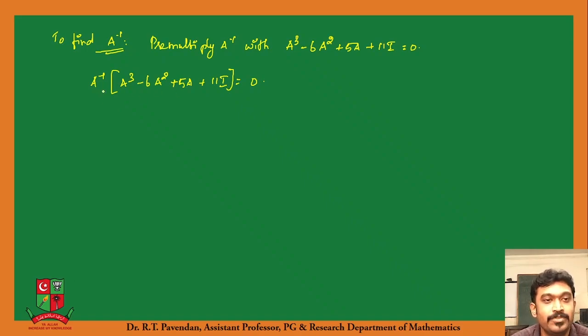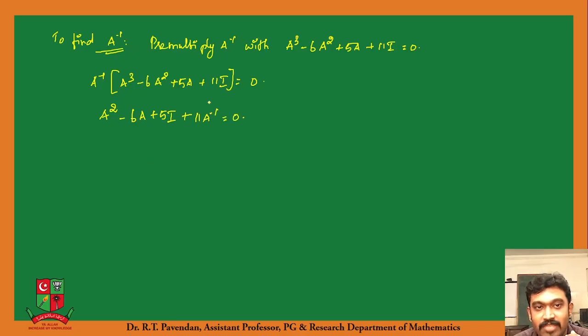If I multiply this to every term, 1 power of A is going to get reduced. So I get A square minus 6A plus 5 A inverse times A equals I, plus 11 times any matrix multiplied with the identity matrix is going to be the same matrix itself. So 11 times A inverse is equal to 0.